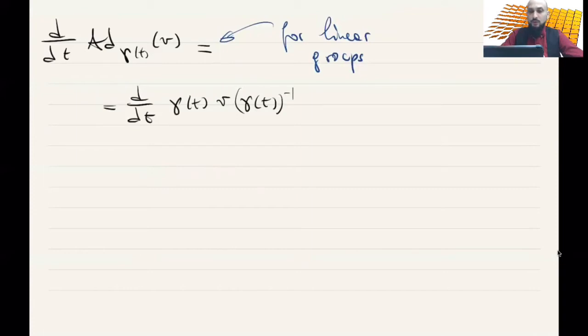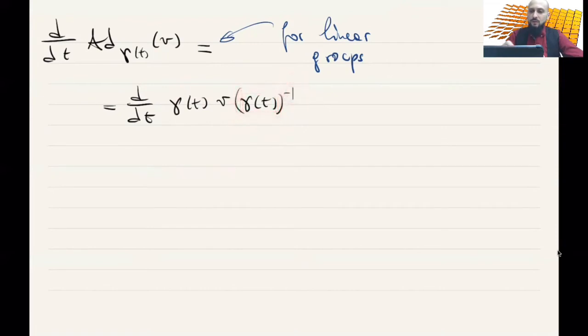And now we want to take the derivative of each term. Now, what is the derivative of the inverse of a matrix that is depending on time?